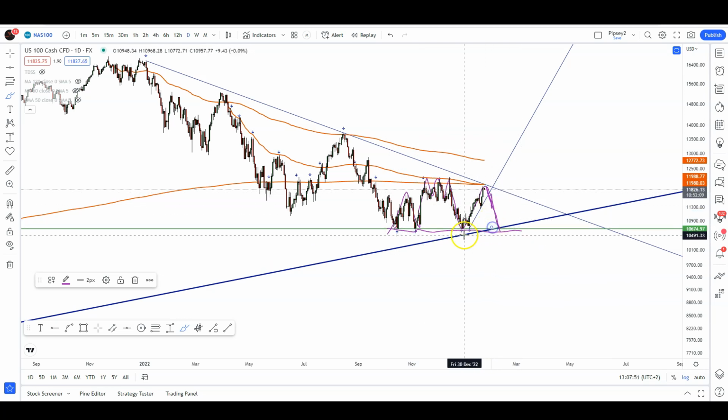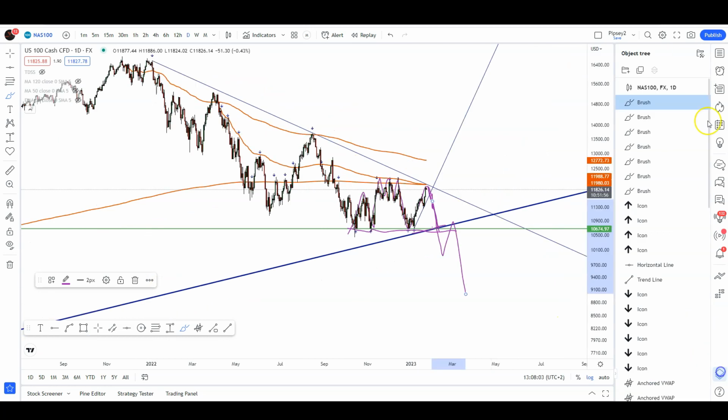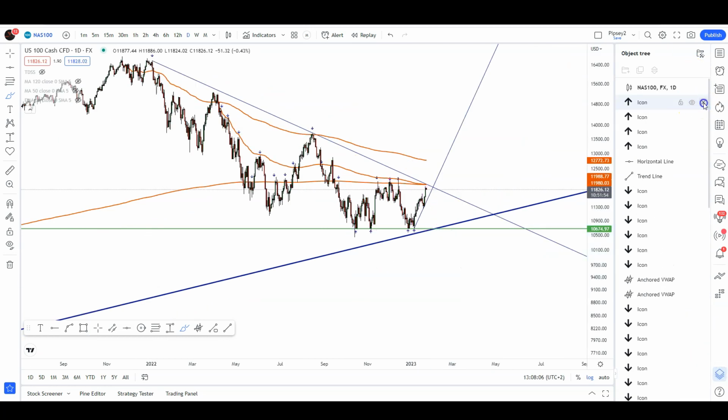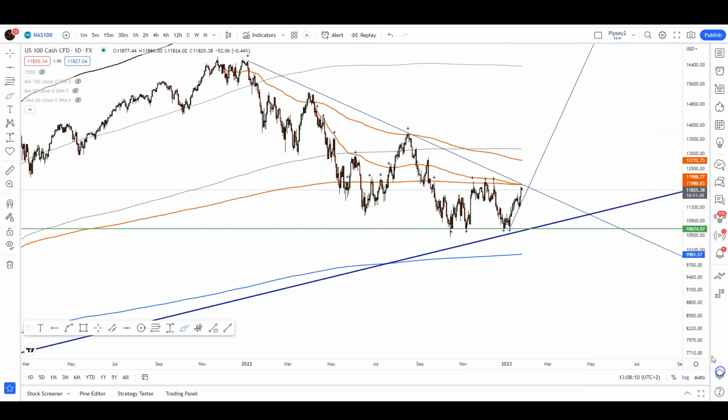Now if it breaks this trend line and this neckline, then I think that might be a different story altogether, right? Remember this area that I pointed out to you guys from the anchored VWAP from the 2008 bottom.